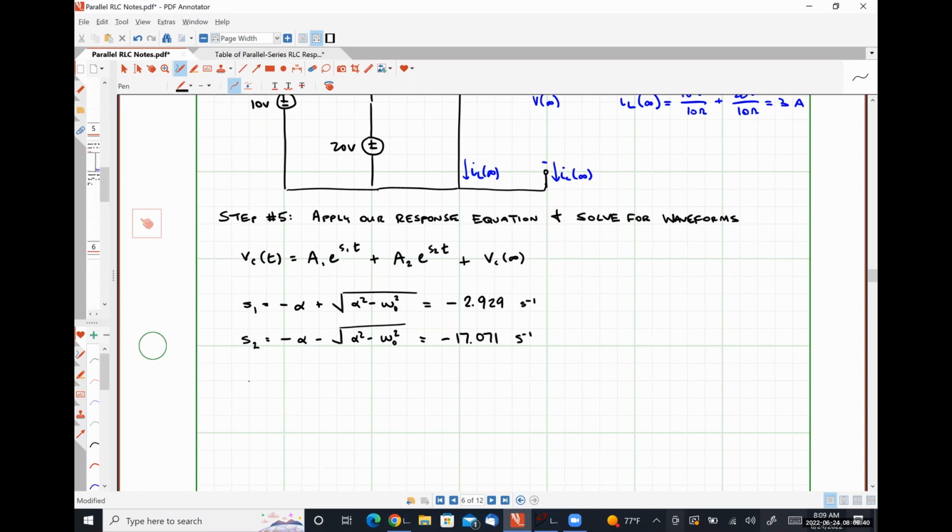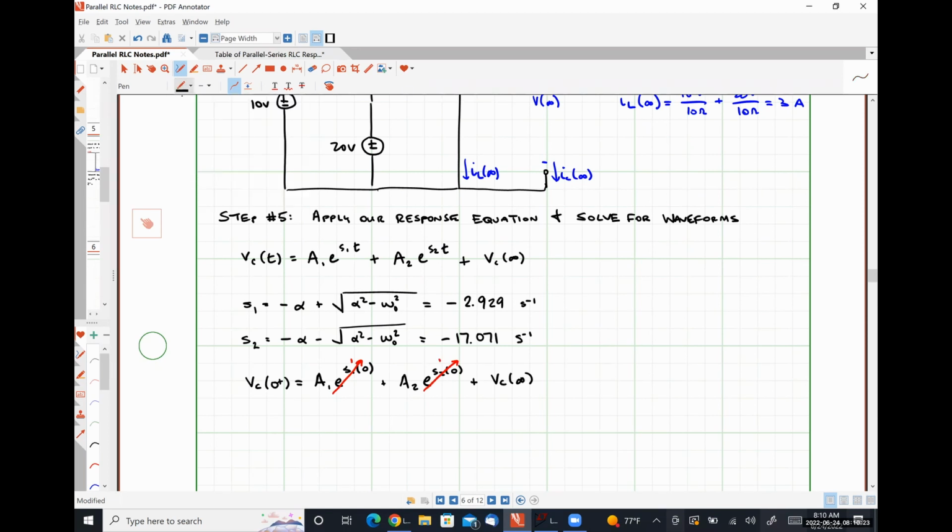So VC of 0 plus is going to be equal to A1 e to the S1 times 0 plus A2 e to the S2 times 0 plus VC at infinity. Well, e to the 0 is simply 1.